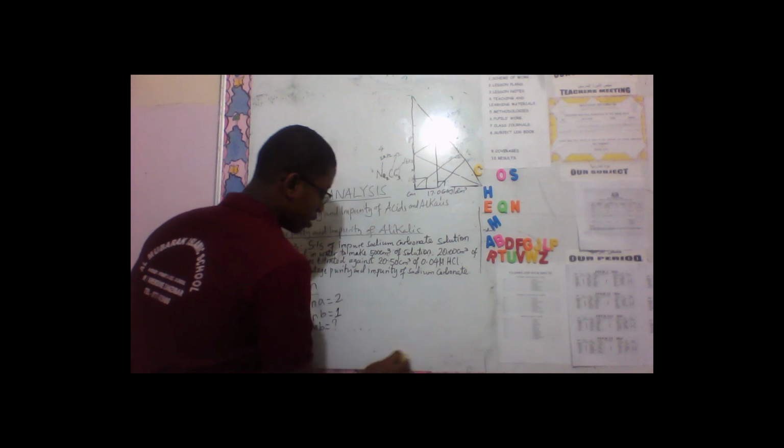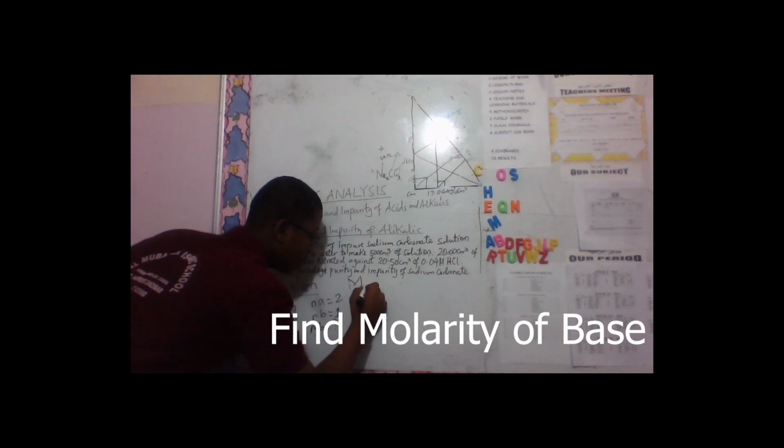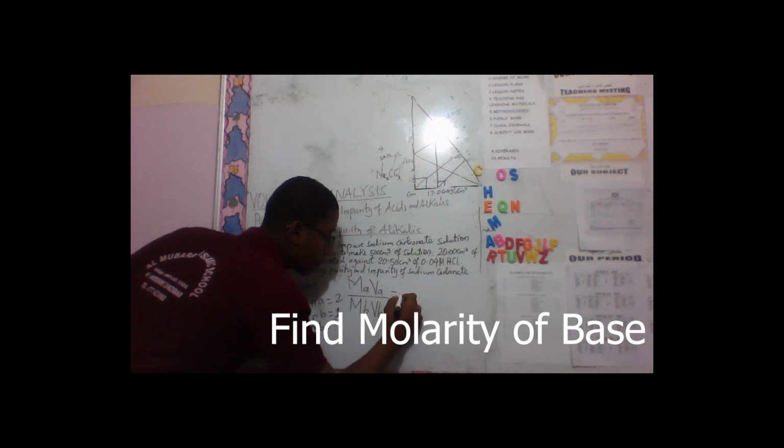Okay, now we are going to find the molarity of base. Which formula will help us in order to find the molarity of base? Molarity of acid times volume of acid over molarity of base times volume of base is equal to number of acid over number of base.